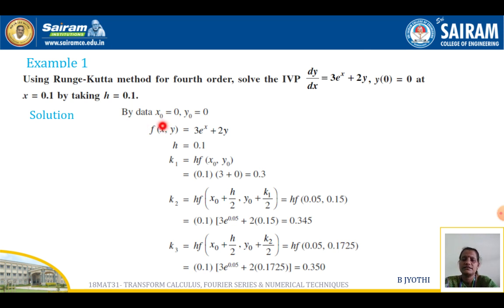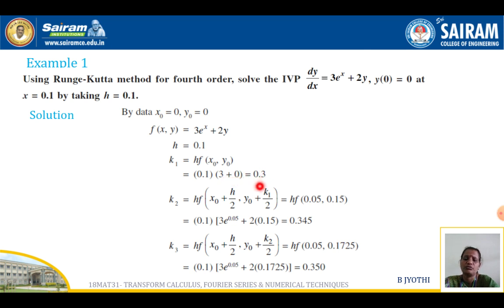So let us consider by using the given data. This is x naught and this is y naught. So x naught and y naught both are 0. So consider f of xy as 3 e power x plus 2y and h equals 0.1. So k1 is computed by using h into f of x naught y naught, that is 3 into e power 0, that is 1, plus 2 into 0, that is 0.